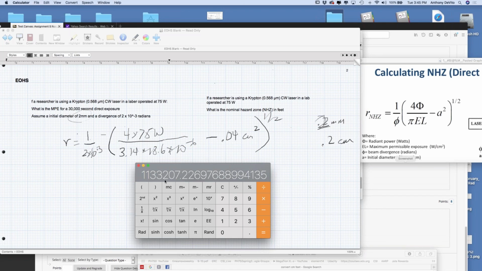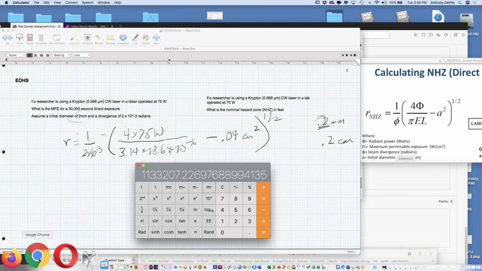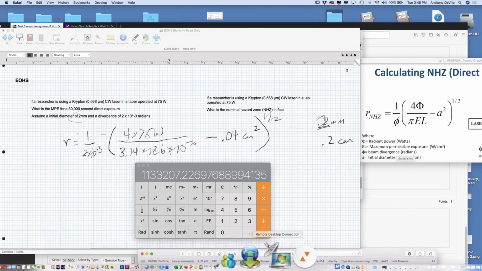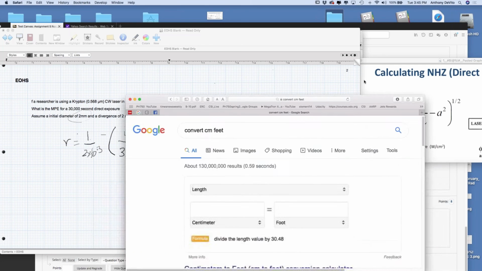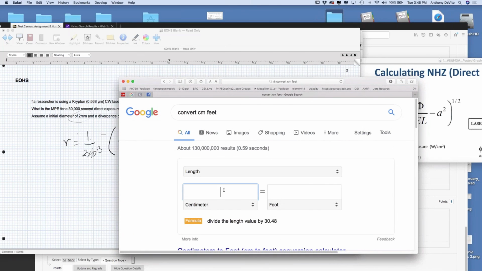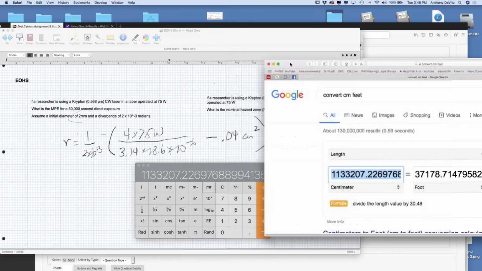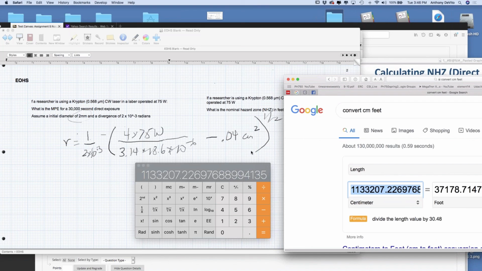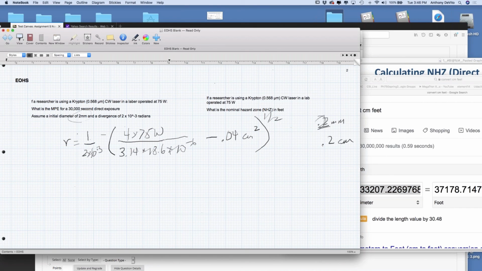1,133,207 centimeters. So I'm going to go to Google, as I have so many times here, and find out the answer in feet. 37,179 feet is the distance we would have to be to not be harmed by looking directly into this laser without protective equipment.